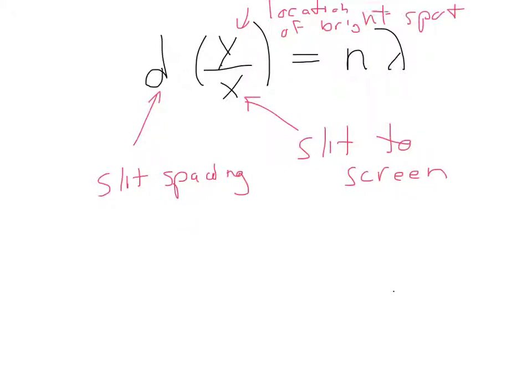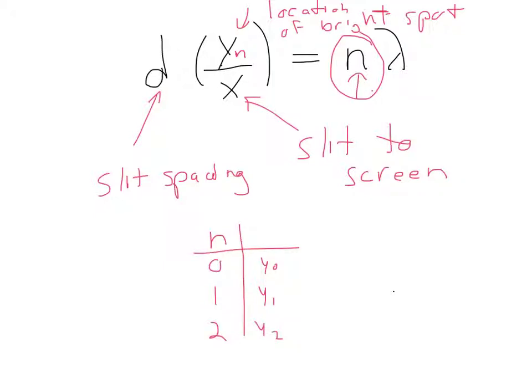Now, there's a lot of bright spots, as you'll see in lab, and if it's the first bright spot, then n is 1. So let's just say this is y1, then n equals 1, or it's really y sub n. It's the bright spot that corresponds to the given fringe number. So when n is 0, it's y0. When n is 1, I'm going to call it y1. When n is 2, it's y2. This is to distinguish the many bright spots you'll see.